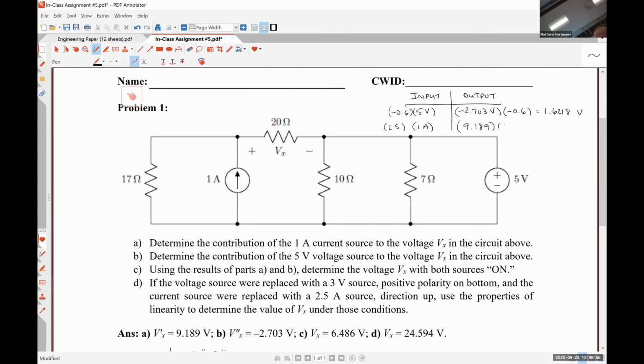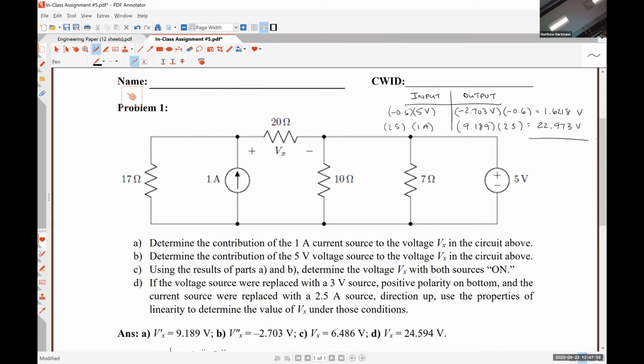So we need to scale our output by the same amount. Which is 22.973 volts. And we're trying to find what our voltage Vx is with both of those scaling factors applied with the current source on and the voltage source on as well.